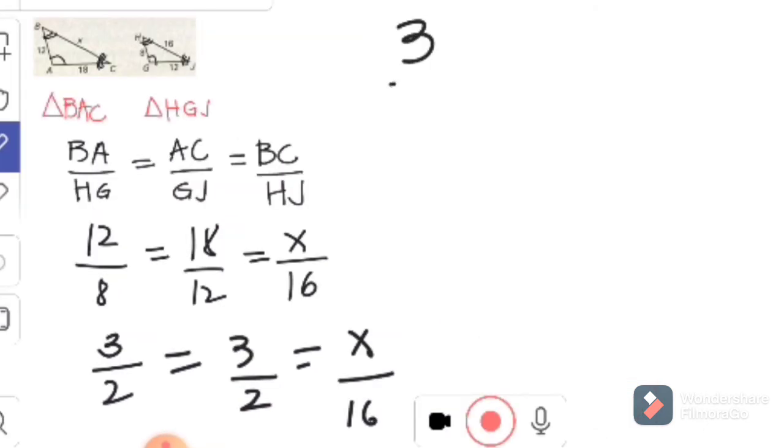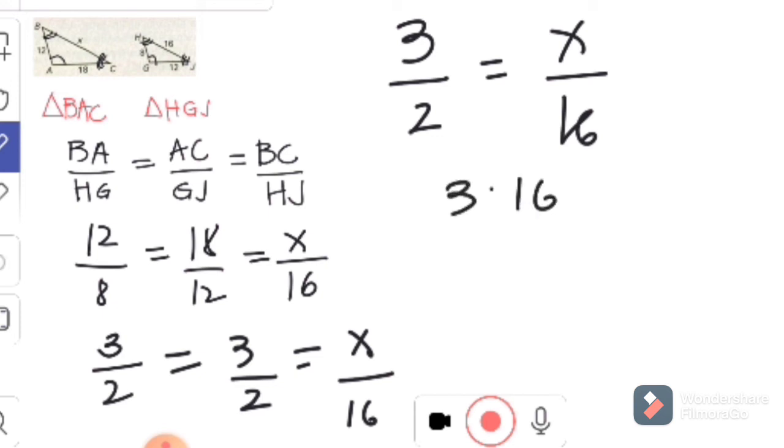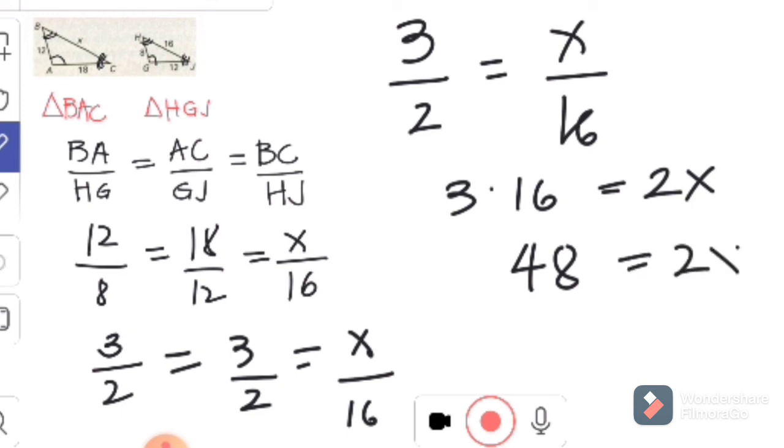We have 3:2, which is the common ratio of the two legs, and then x over 16. Now let's apply the cross product property. We have 3 times 16 is equal to 2 times x, which is 2x. Now we have 48 is equal to 2x.